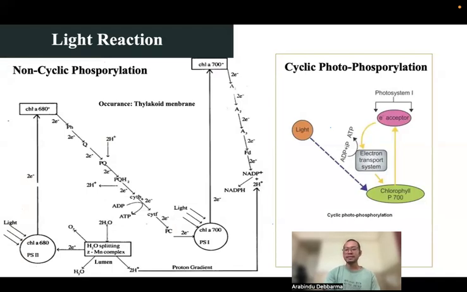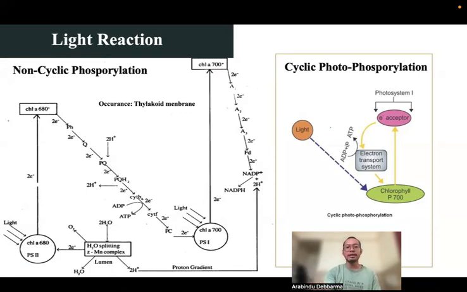With the presence of this light, the electrons are excited. What exactly does excited mean? The electrons now gain energy, and because of this energy they can move from one system to another.